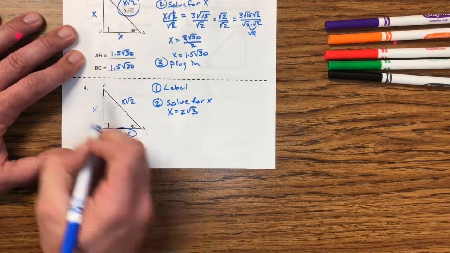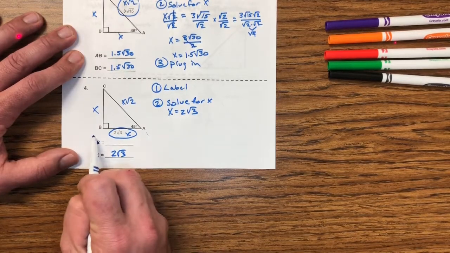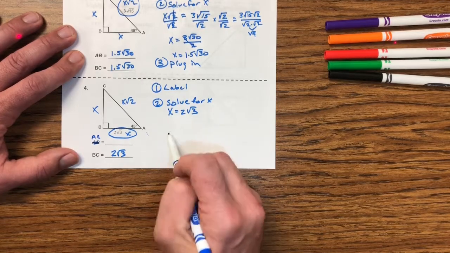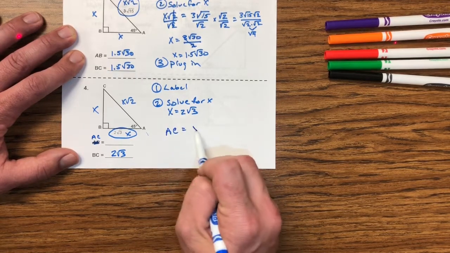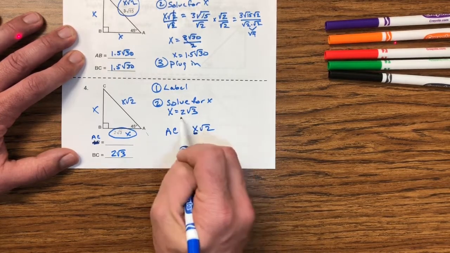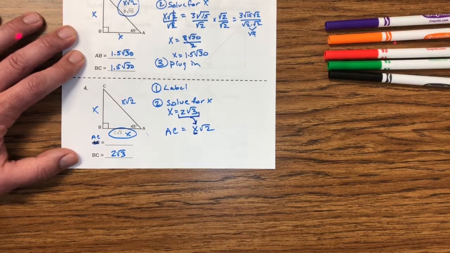Okay, but A to C here is going to give us some issues. If AC on our ratio is x square root of 2, I cannot forget x is this whole thing, and I have to plug that whole thing in for x.